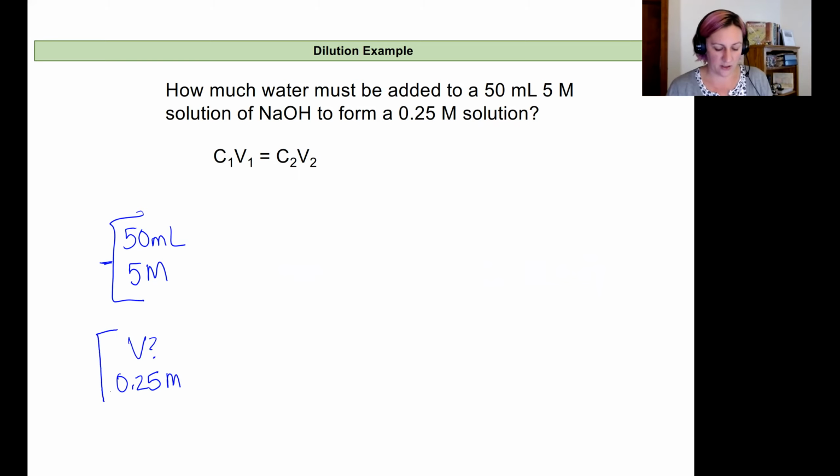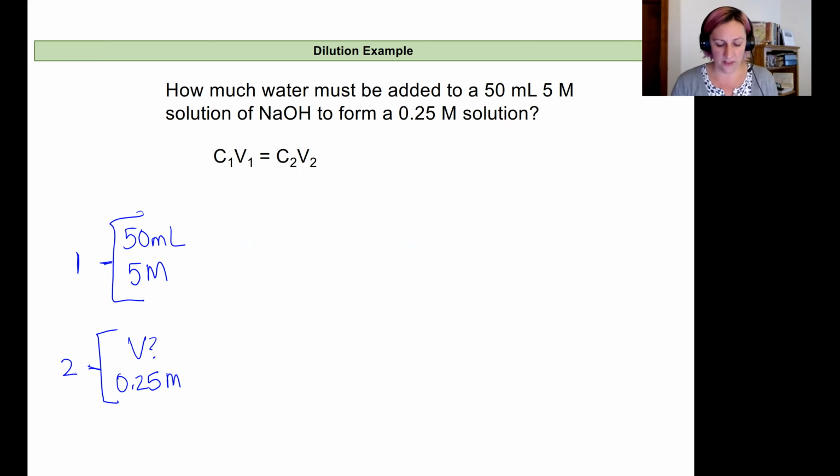And so here's our second one. We're starting with something more concentrated and going to something less concentrated. So our 50 milliliters of 5 molar is our before, or number 1, and our 0.25 molar is our number 2 situation, or our final solution. And we really need to know that volume. Look, I have 3 variables that I know and 1 I don't. It's perfect. So I'm going to plug these in.